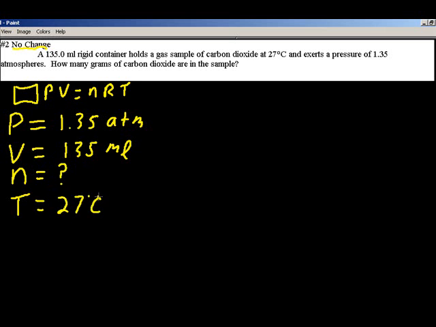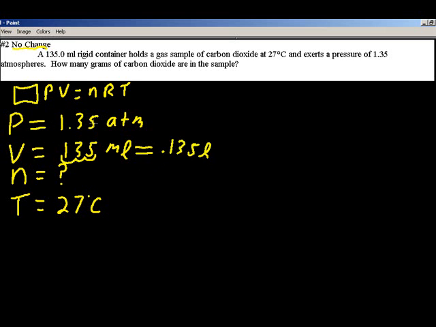degrees Celsius. Now, we cannot work with milliliters. That has to undergo a conversion to liters. And we'll do that by moving the decimal 3 places over, and so you get 0.135 liters. Now we have it in the proper units.